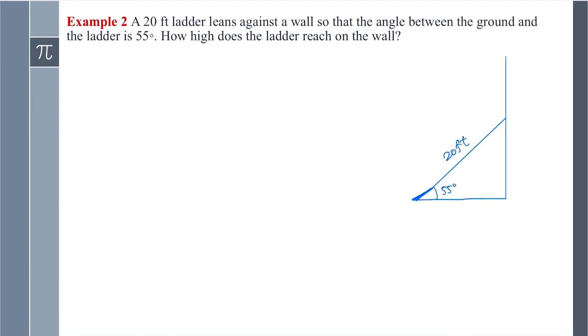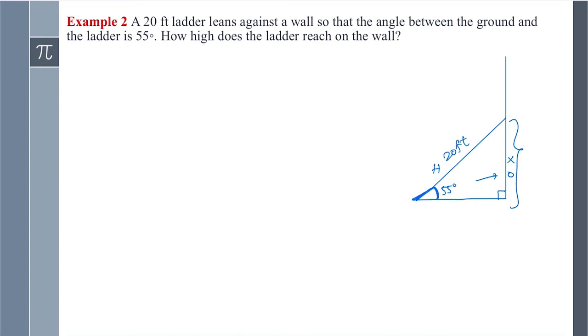Now it says, how high does the ladder reach? So we are asked to find the height of the ladder. Let's say that height is x. Now we are given the hypotenuse and we want to find the opposite. This is the reference angle, so this is opposite and this is hypotenuse, and this is 90 degrees here. So we can use the sine function here.